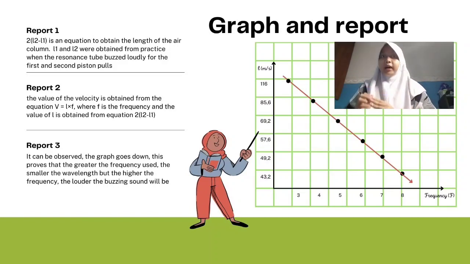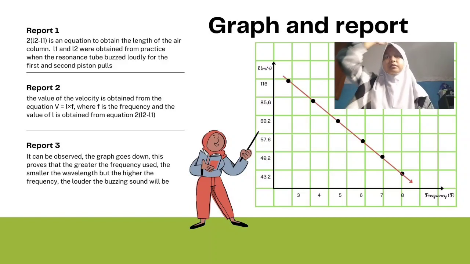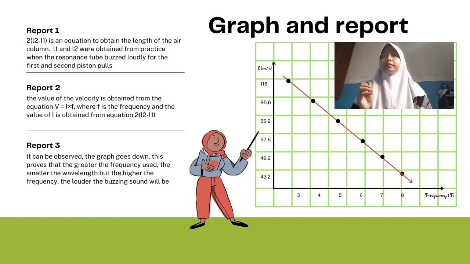Based on the graph, the lowest point is at 800 Hz frequency and 0.0432 wavelength, and the highest point is at 300 Hz frequency and 1.16 wavelength.